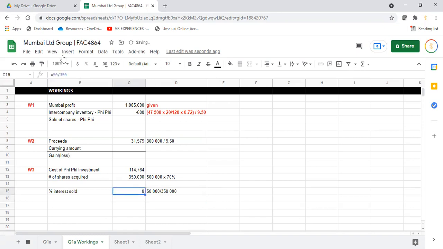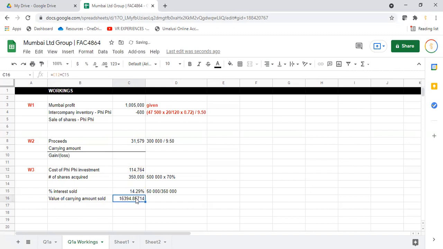So we sold 14.29%. Now the value of the carrying amount sold would be the total carrying amount for 350,000 shares, of which we sold 14%.